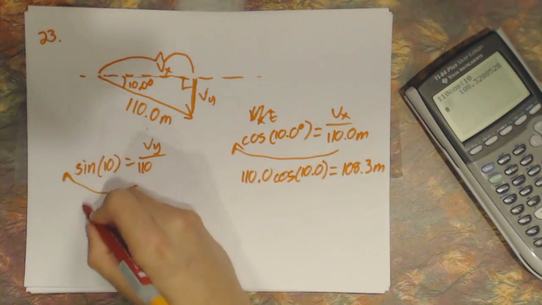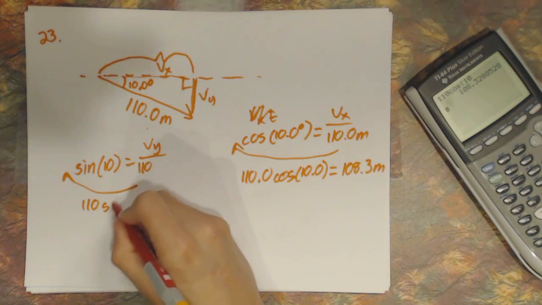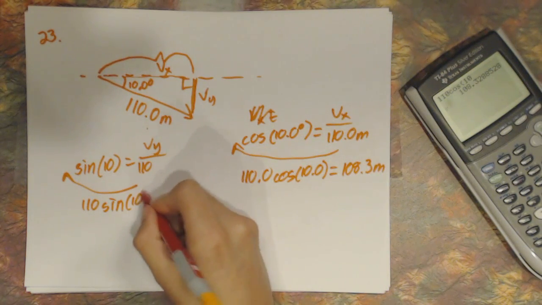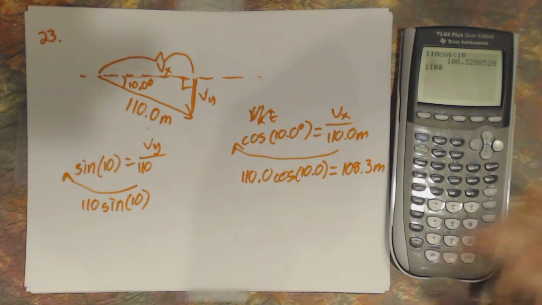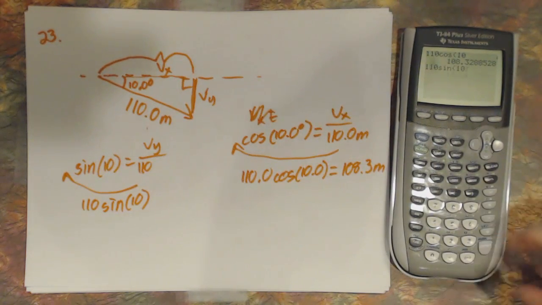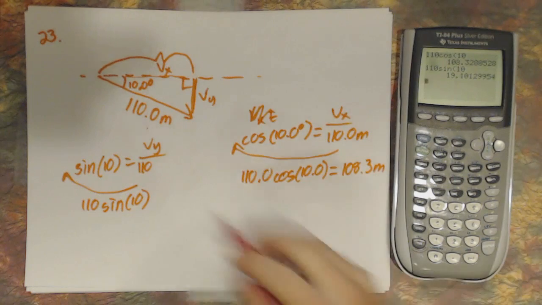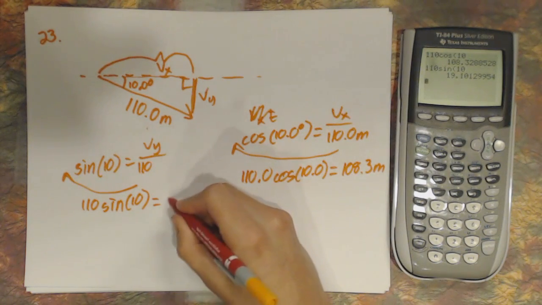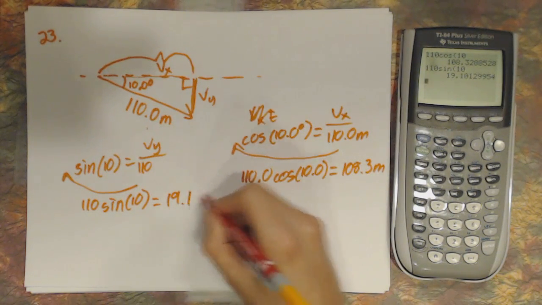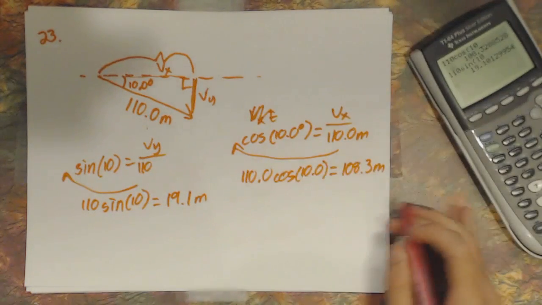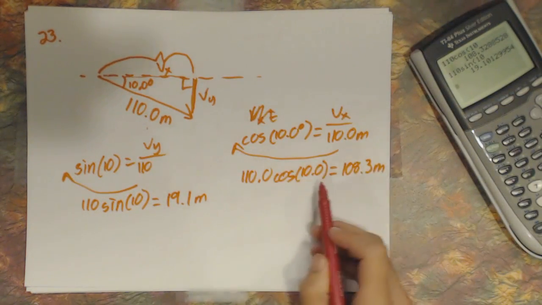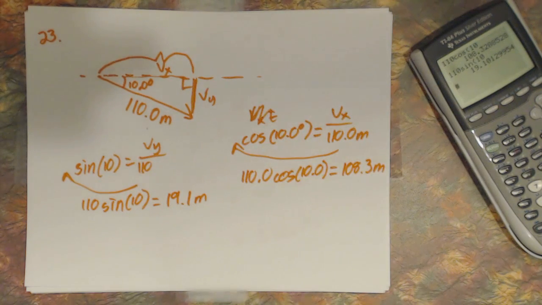Multiplied over again, 110 sine 10, and that's going to give you 19.1 meters. So this is your horizontal component, and this is your vertical component.